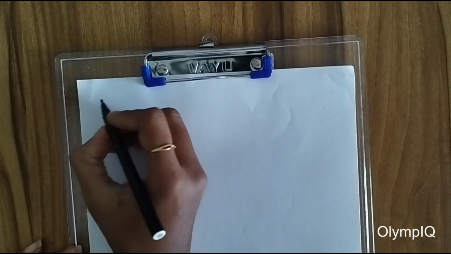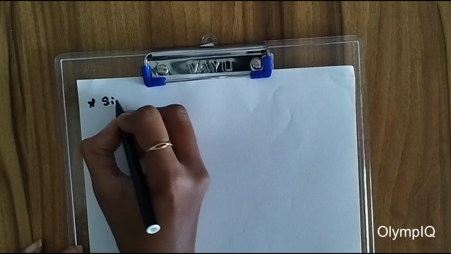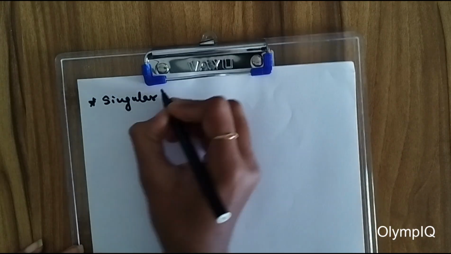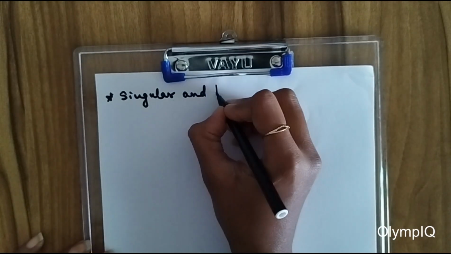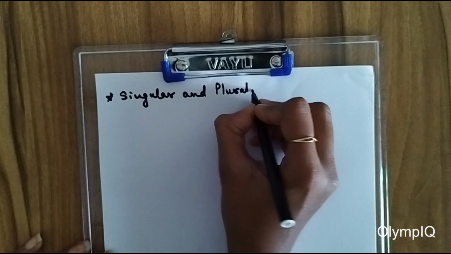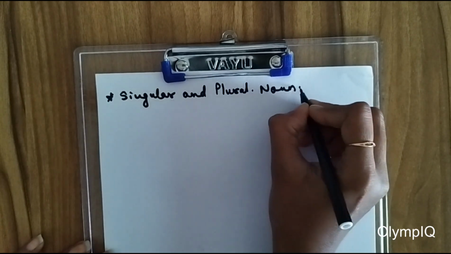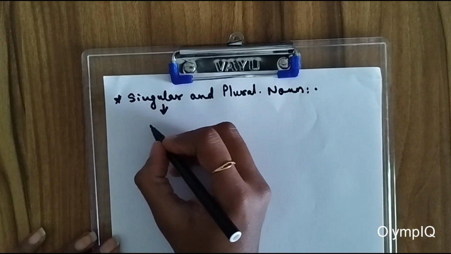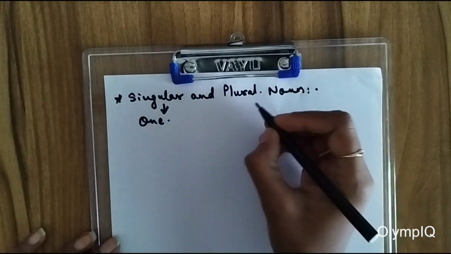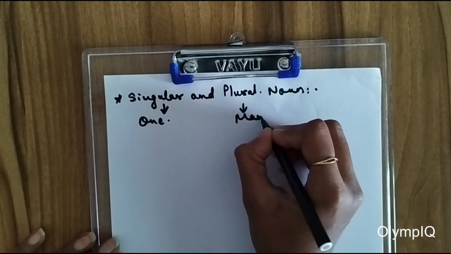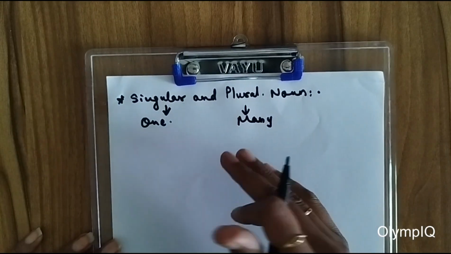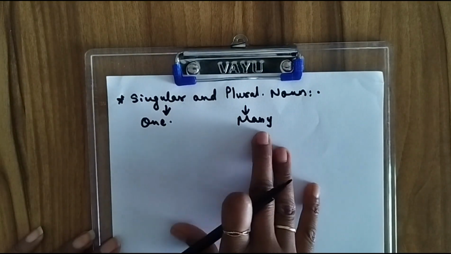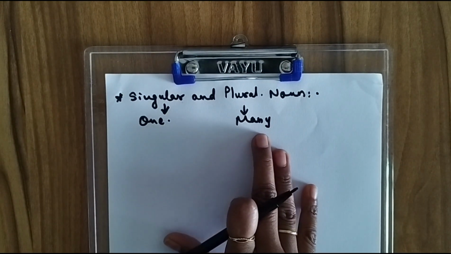Next is singular and plural noun. Now what are singular and plural nouns? Singular nouns are one and plural nouns would be many. So nouns can be both singular as well as more than one, that come under category of many, that are the plural nouns.